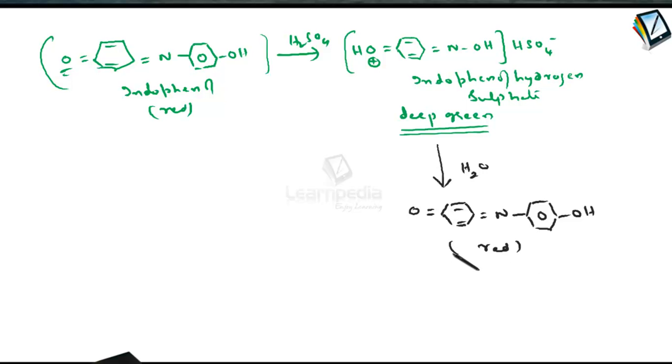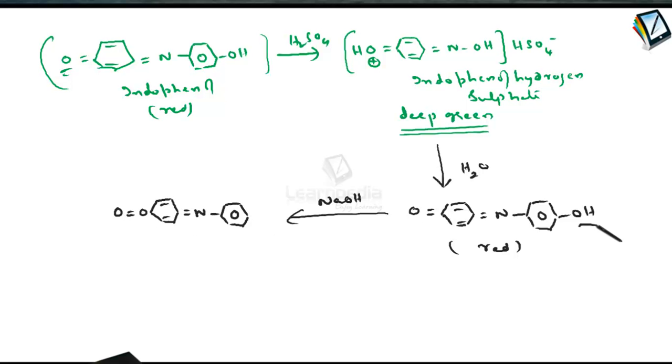But when you make it alkaline by NaOH, so now we are with aqueous NaOH solution, in the presence of an alkali, once again the sodium salt of this indophenol is formed, and that substance is responsible for deep blue color. So red, green followed by blue. So what is that sodium salt of this?